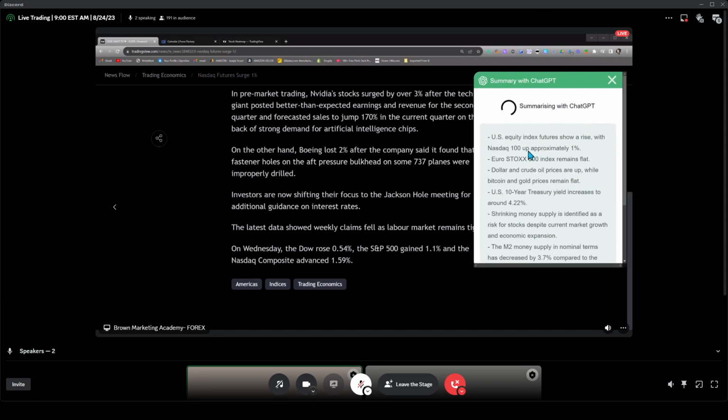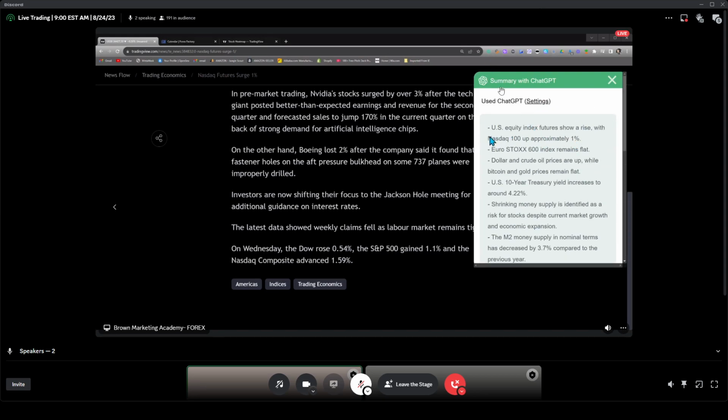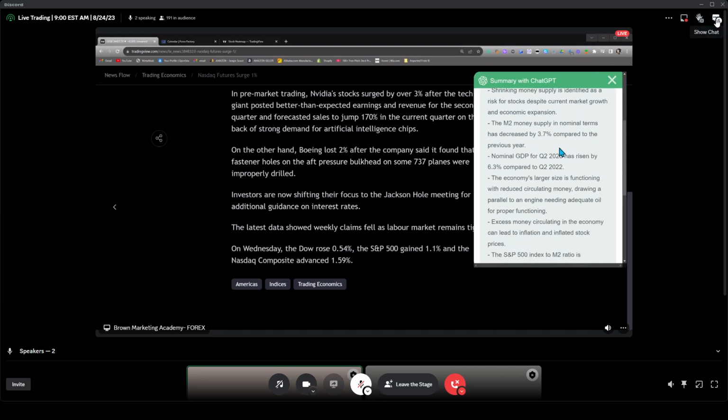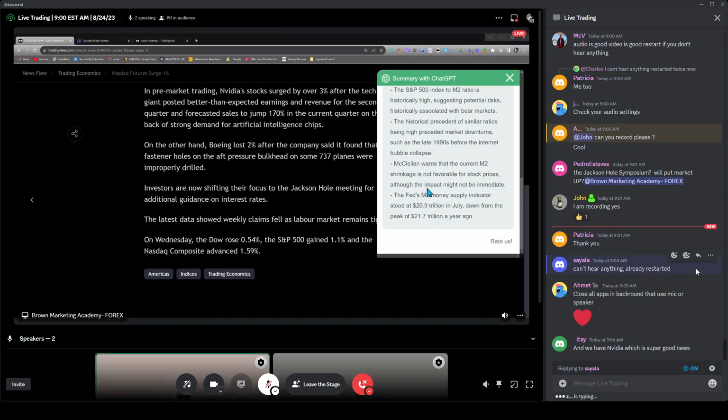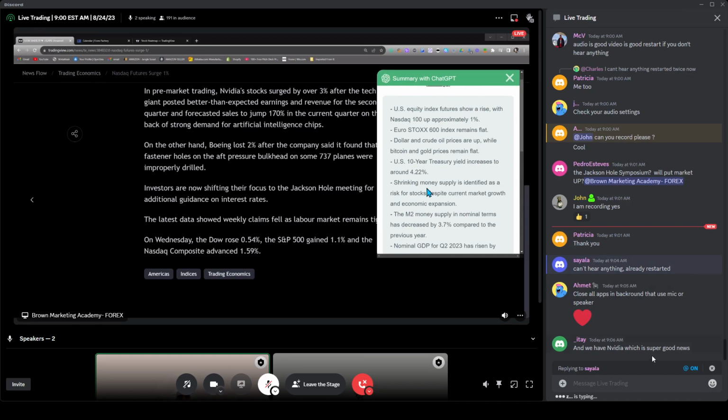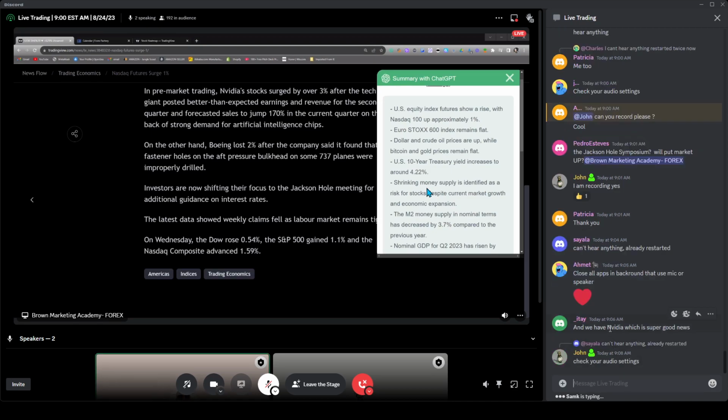And what I do is I go through each one of these bullet points and give it a label, positive or negative. And then once I get to the last one, I look and see, is the majority positive or negative? If it's majority positive, I label that as a bullish article. If it's majority negative, I label that as a bearish article.